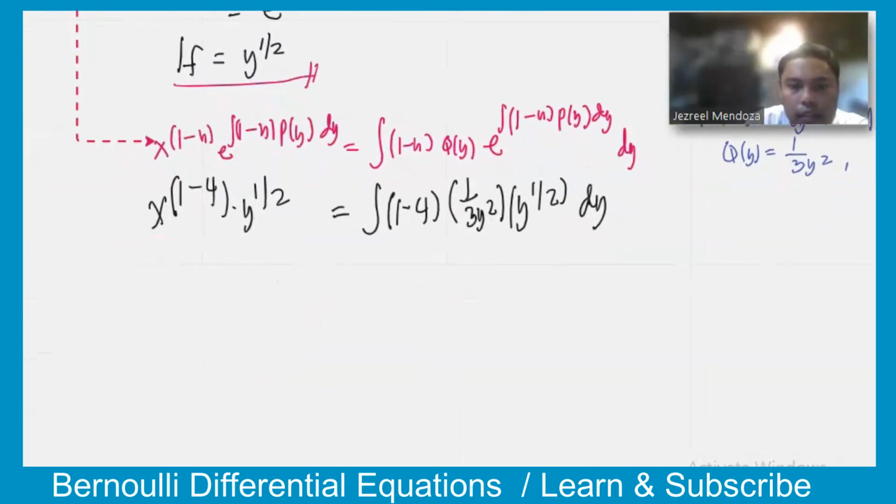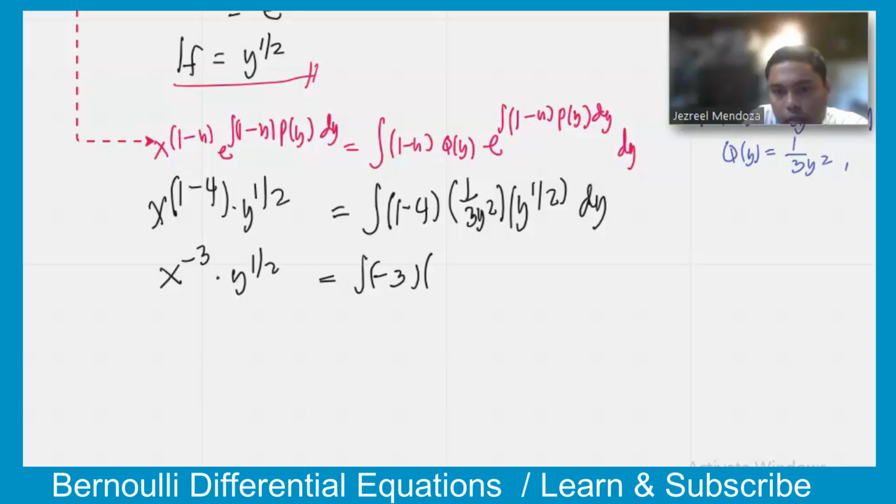And then after that, 1 minus 4 is negative 3, so x raised to negative 3, y to the 1/2, equals, again negative 3 for 1 minus 4, and then 1 over 3y squared, again y to the 1/2, then dy.